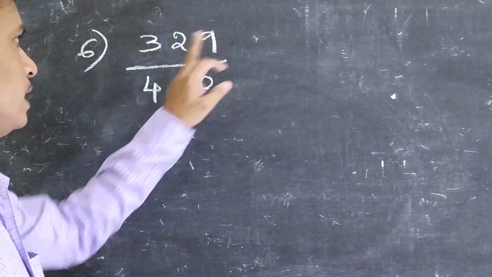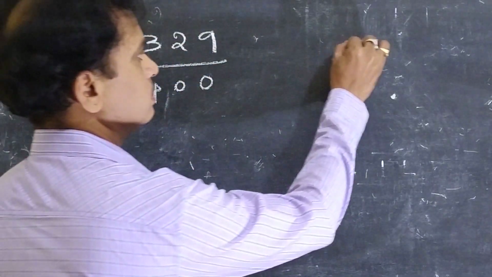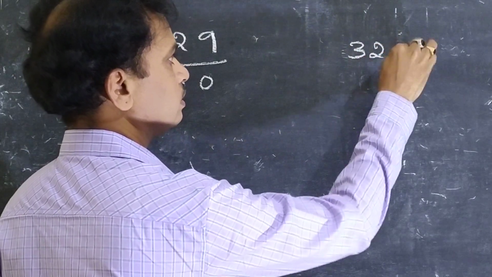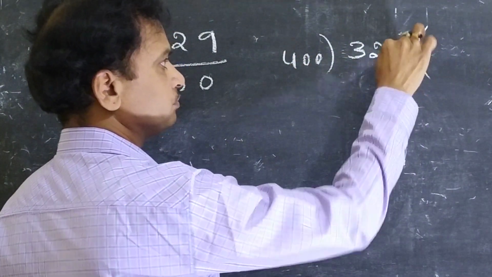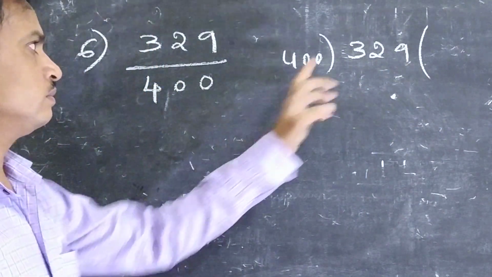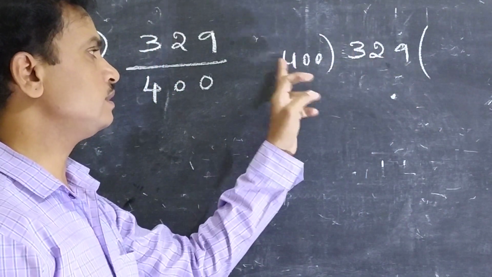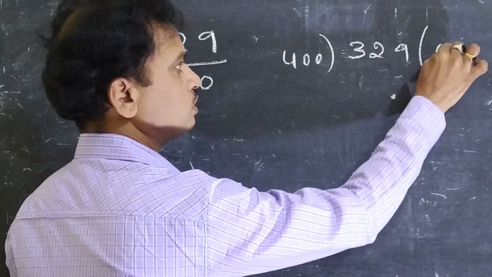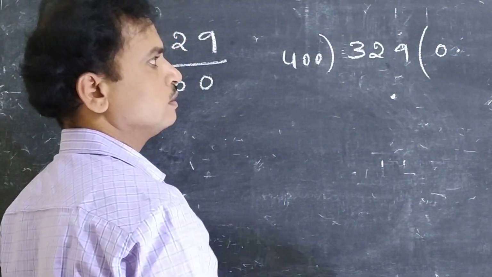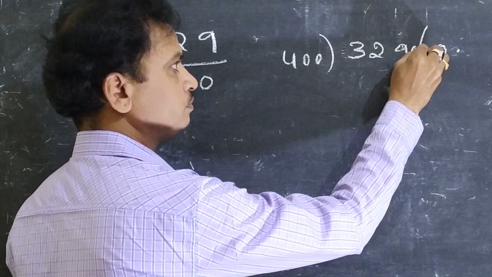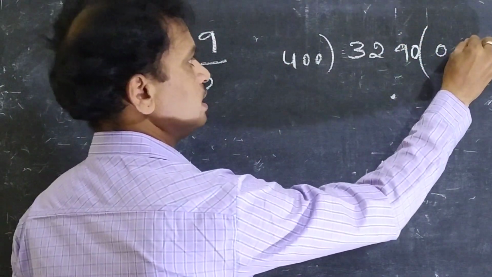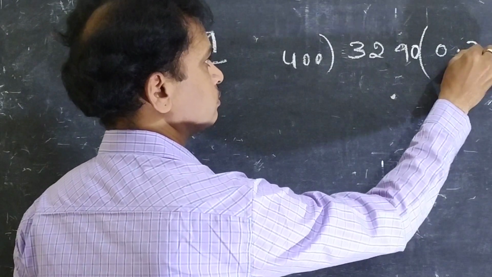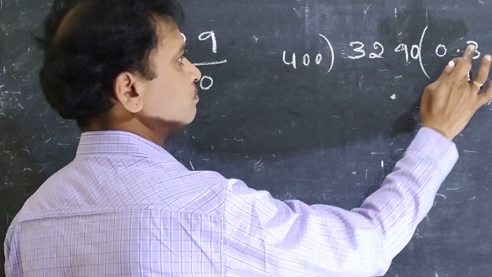So 329 divided by 400. 329 divided by 400. So here 329 is less than 400, so put point, so you can take 0 here. Then 400 3s will not come.